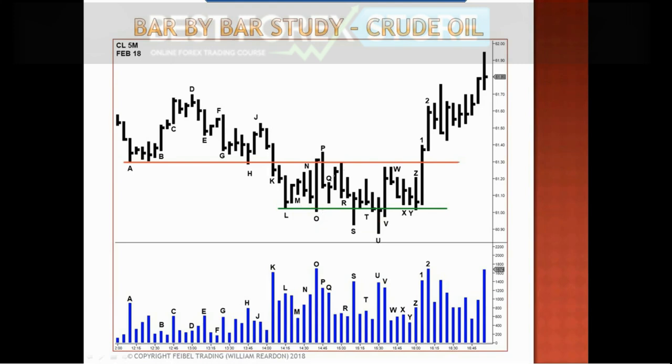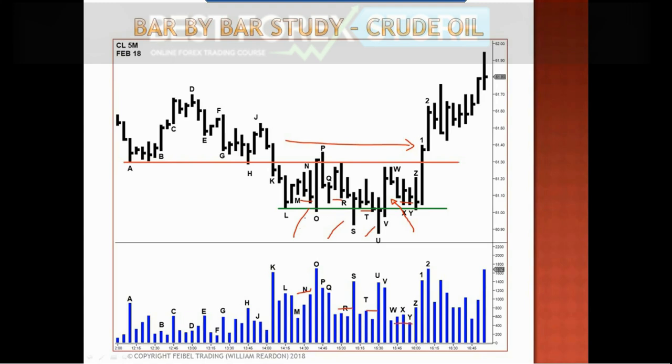What's important about this action is as the trading range gets older, the buying occurs more frequently, becomes more aggressive, and the supply from N, from R, from T to W gets less and less.